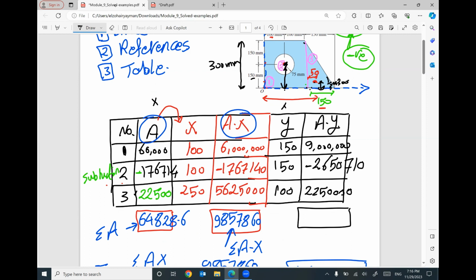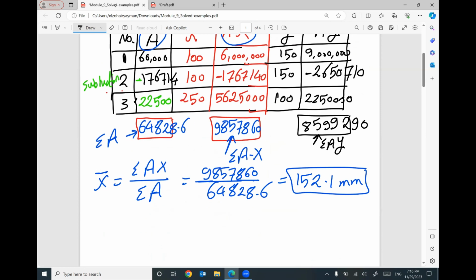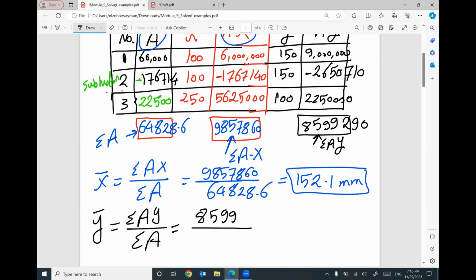It will give you 8,599,290. This summation represents summation area Y. So the Y bar will equal summation area Y divided by summation area. The numerator equals 8,599,290 divided by summation area 64,828.6.